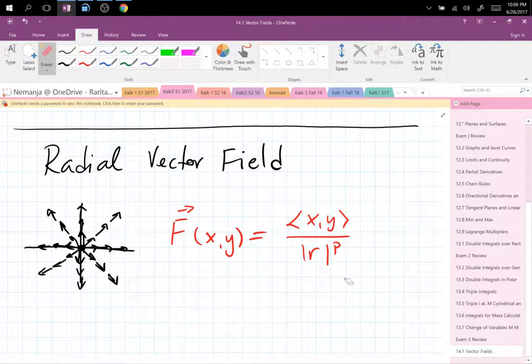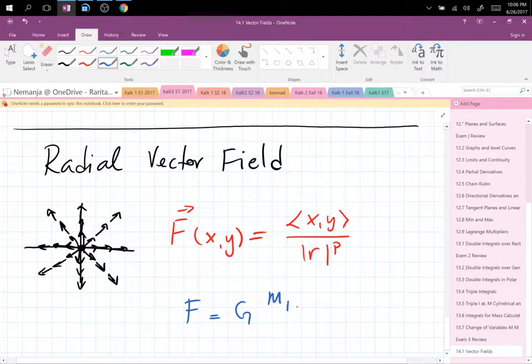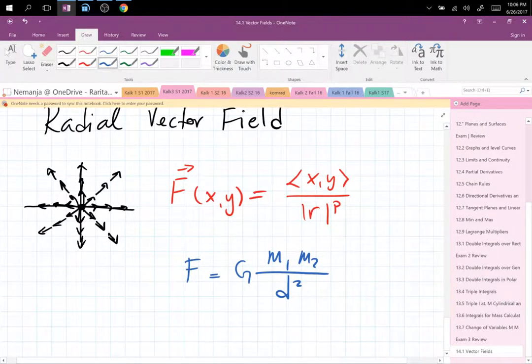If you paid attention in your physics classes, you've constantly seen that to compute the gravitational force, there was G m1 m2 divided by the distance squared, right? And then for the electric force, you had the same thing: charge 1, charge 2, divided by distance squared again.